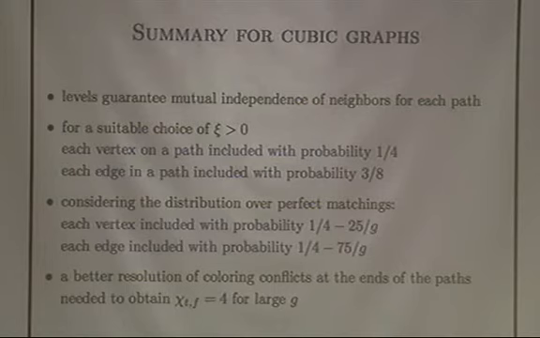You are losing at several places, but one of the places where you are losing the most is the ends of the path, because you remove a vertex and you don't put that vertex or any of the three edges incident with that vertex into your total independent set. So first of all, you make sure that these vertices that you are going to remove are kind of far apart from each other. It should not happen that if you have two cycles, you remove both this vertex and its mate.